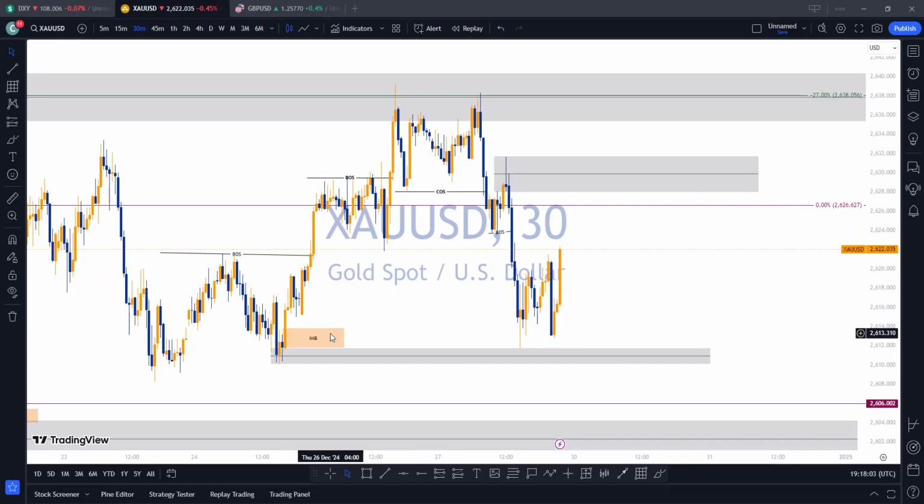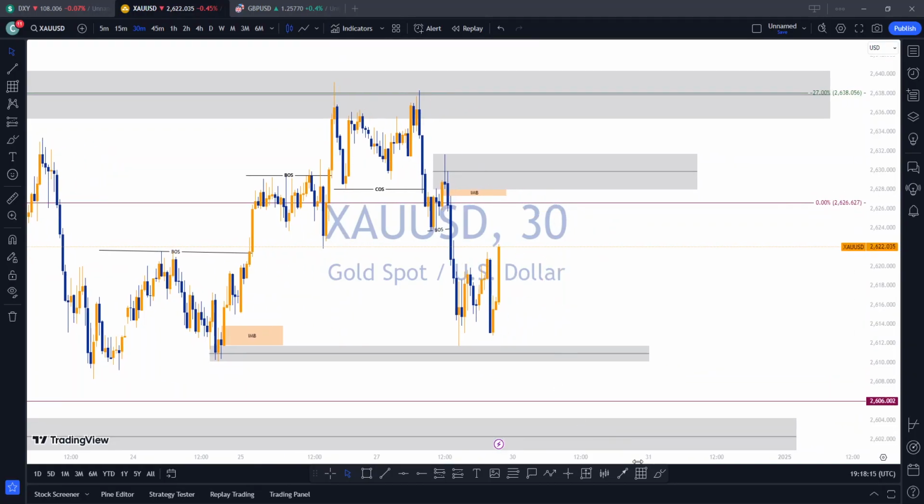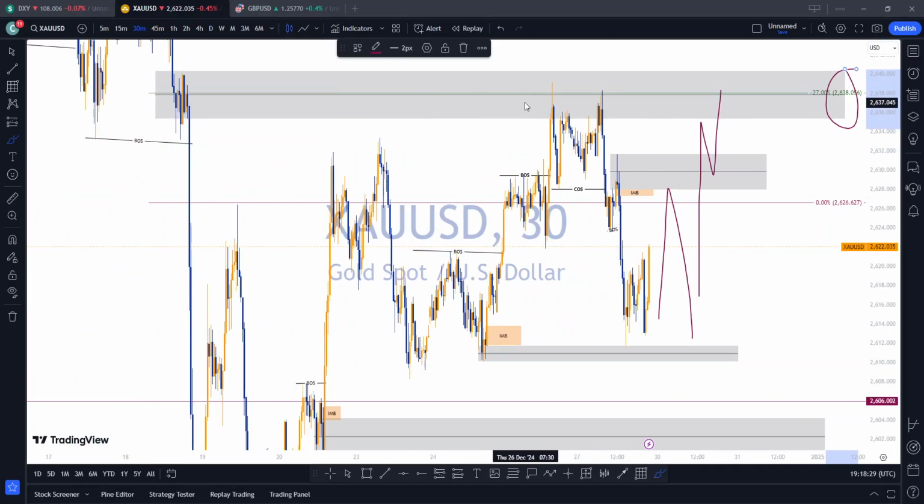We have an imbalance that needs to be filled right here, because the market might come up here, tap in here for us to reverse, right? Or the market might tap in here, reverse for us to come to this area right here. Like I said, we do the market step by step.